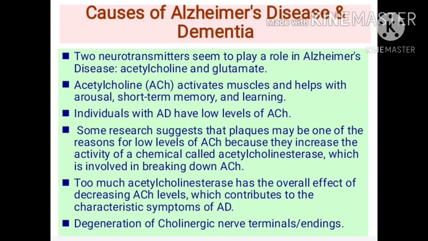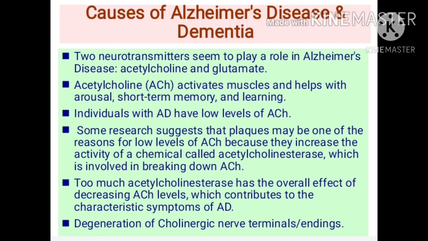You know that both Alzheimer's disease and dementia are characterized by severe memory loss. Let us understand the actual reasons for these two diseases. Two neurotransmitters play an important role in Alzheimer's as well as dementia, and the neurotransmitters are acetylcholine and glutamate.